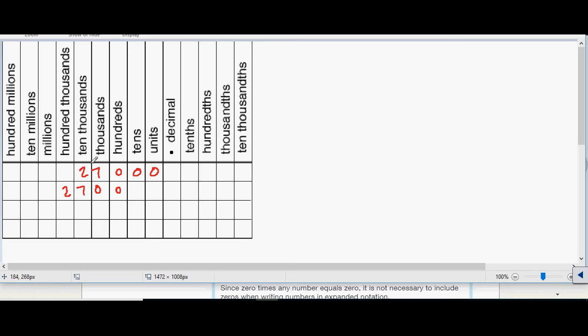So this 2 for the car is worth 2 times its place value name, 10,000. And the house is in the 100,000, so it's worth 2 times 100,000. That first digit is worth a whole extra 90,000.